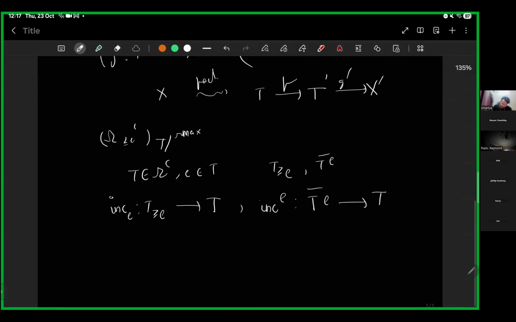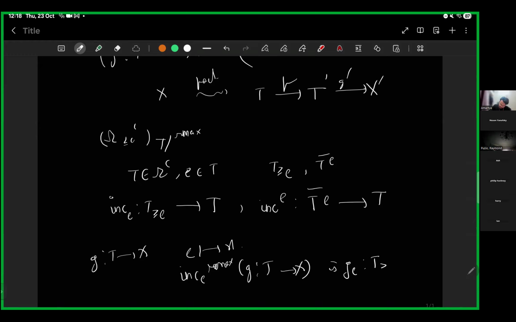Suppose we have a max surjective map, CT to X, that takes this E to a lowercase x in X. Then basically this G to T to X is G_x greater than X.